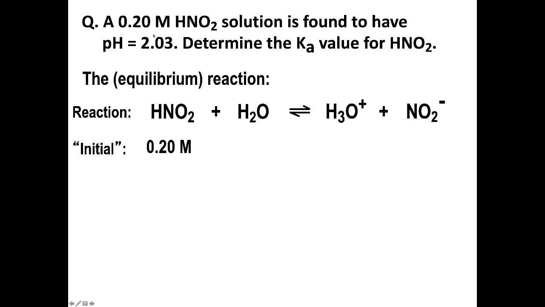We took 0.20 moles of HNO2 and dissolved it in a liter of solution. It also dissociates right away, but we pretend it doesn't. So we say 0 and 0 for the H3O+ and NO2- concentrations, and this is just for purposes of setting up the ice table and being able to do the calculations. This isn't what really happens.